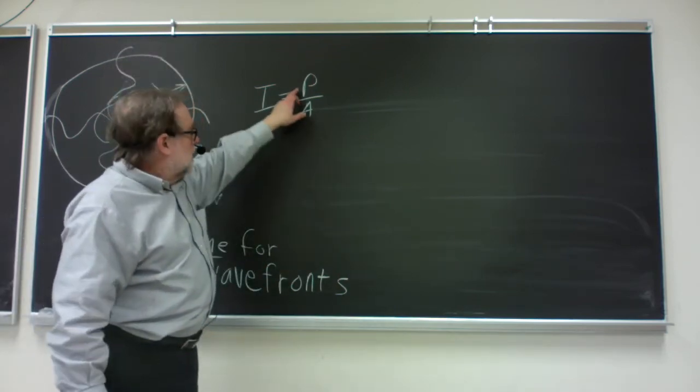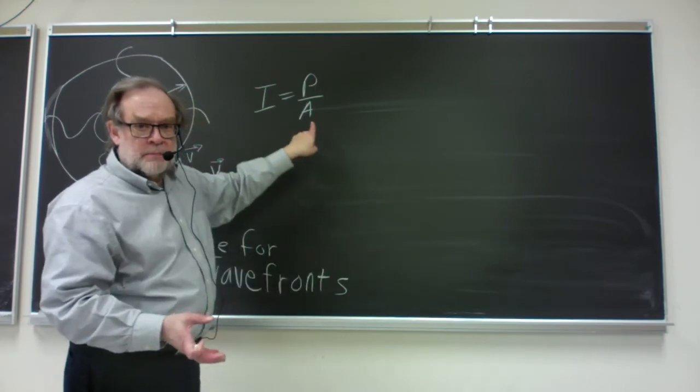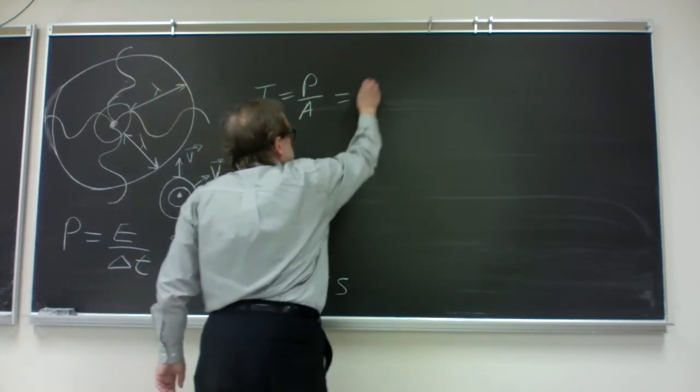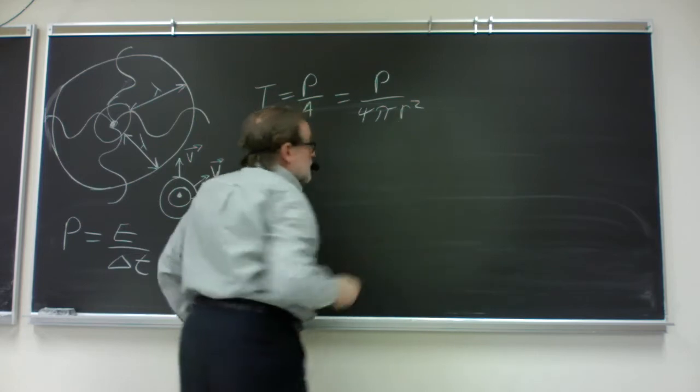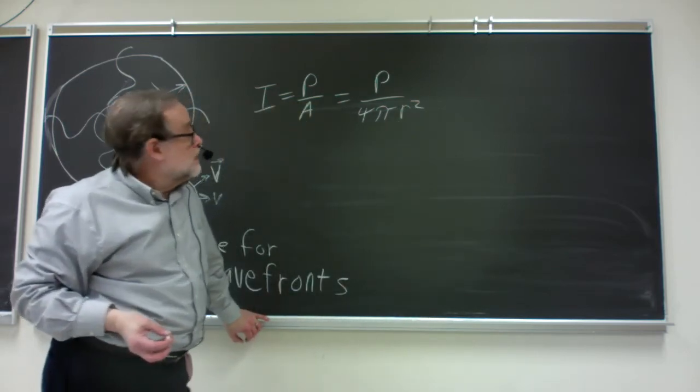So power passing through some sphere of points divided by the area. What's the area of a sphere? The area of a sphere is 4 pi radius squared.